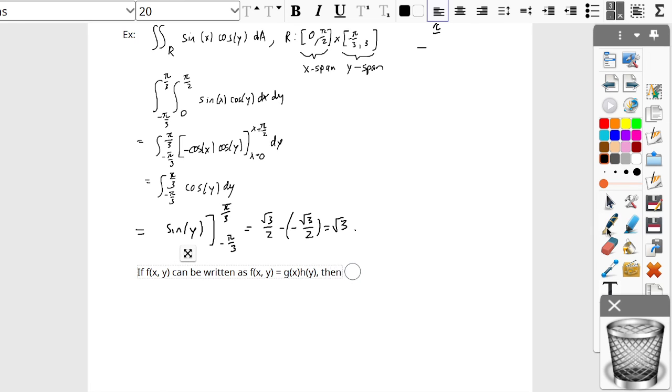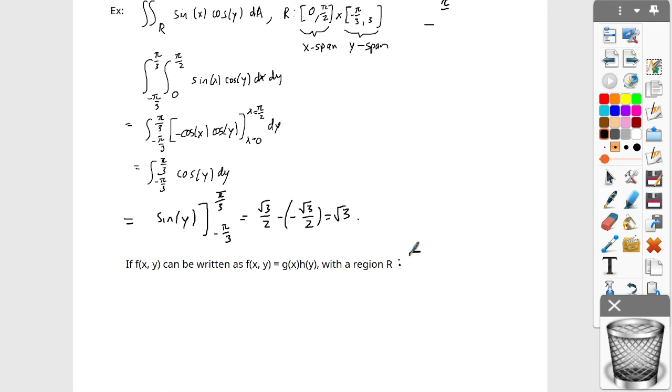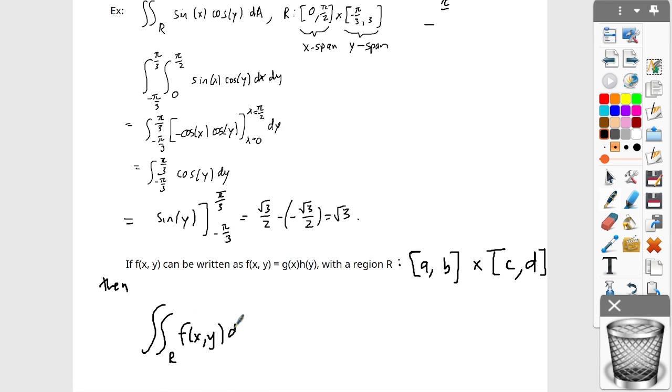Then the double integral with a region R, capital R, R equal to [a, b] cross [c, d], of f of x, y dA is equal to the integral from a to b of g of x dx times the integral from c to d of h of y dy.